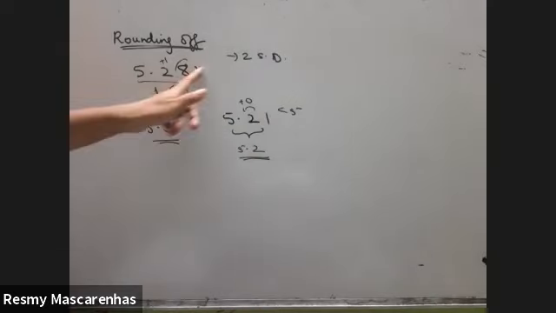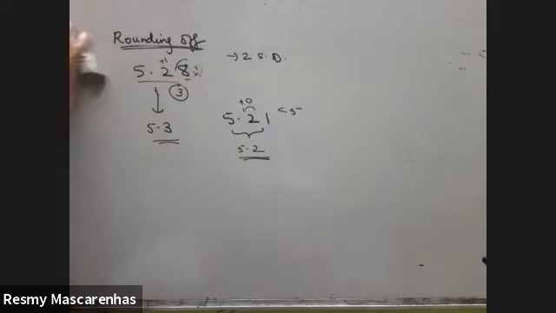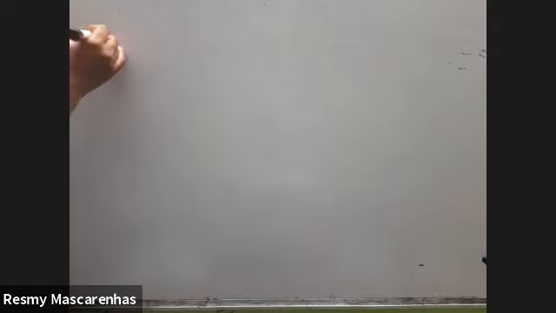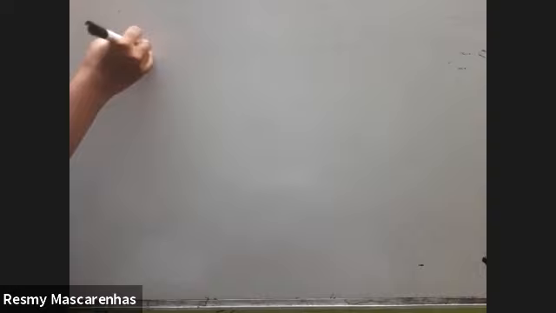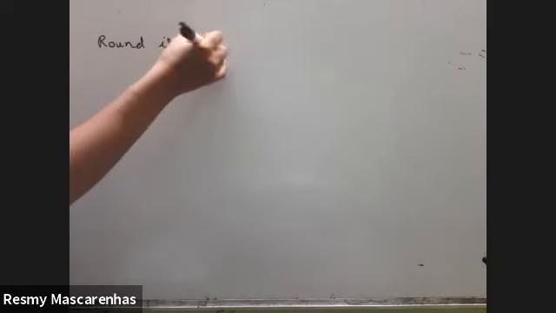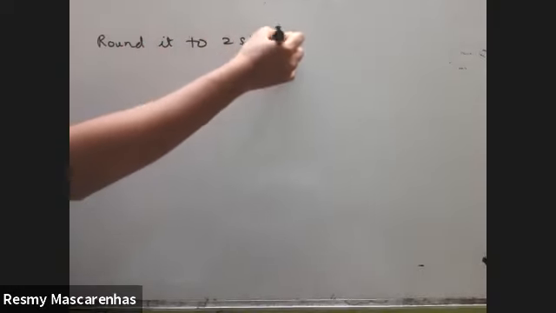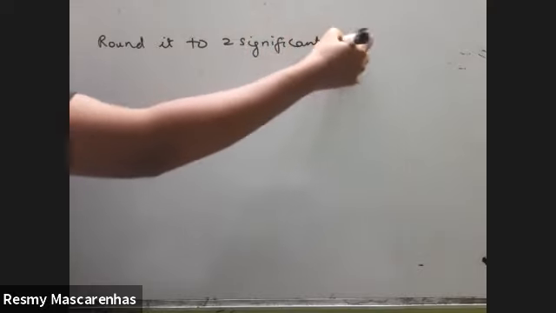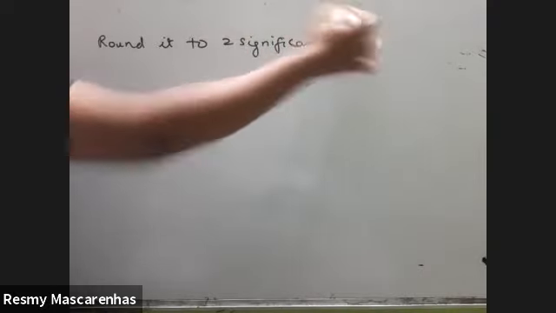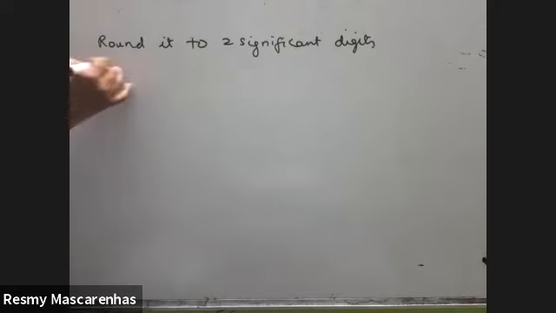Now suppose there are more digits and there's a 5. We have seen less than 5 and more than 5. Now what happens if there's exactly 5? Again, round off to two significant digits. First example.